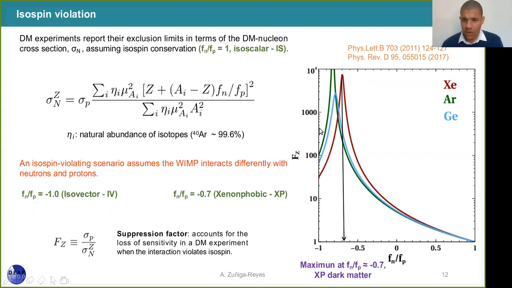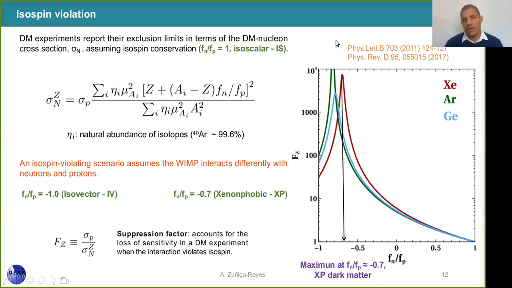In this plot, I show the FC, that is a suppression factor, versus the ratio of couplings. The FC is a suppression factor that accounts for the loss of sensitivity when the interactions violate isospin. And I include here different targets. As you can see, there is a value of the ratio in which the FC goes to higher values.